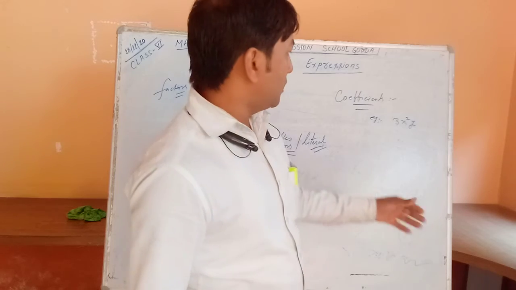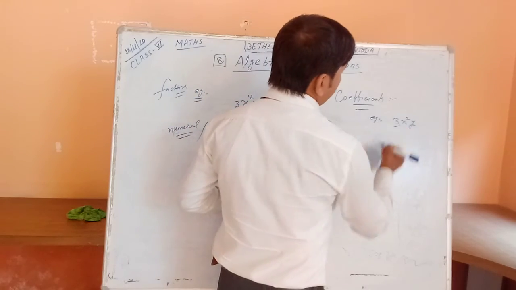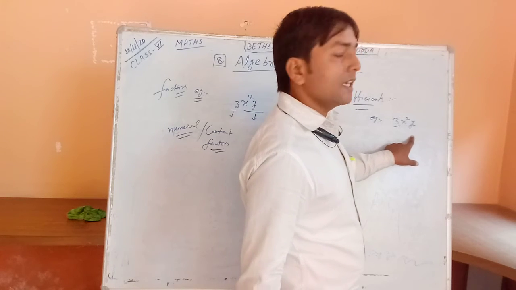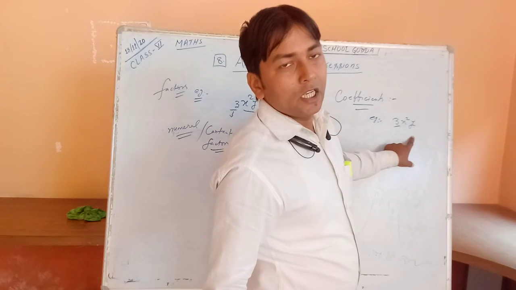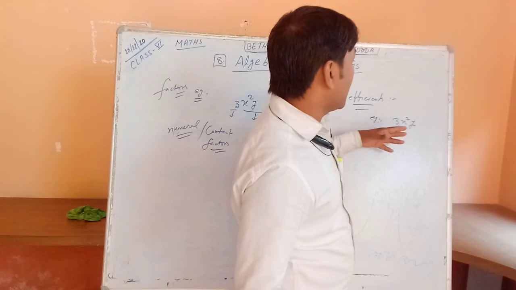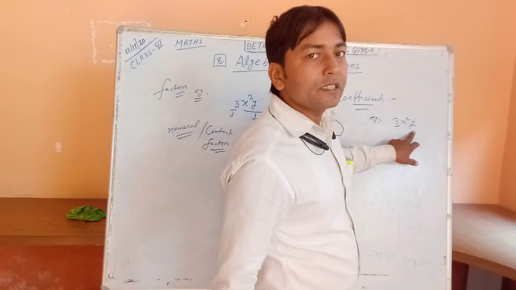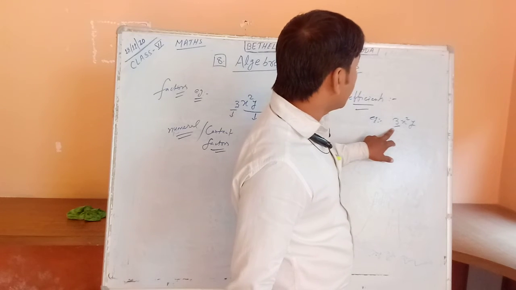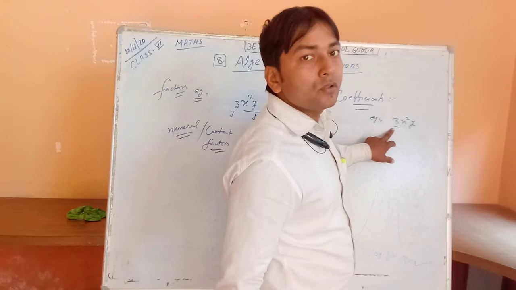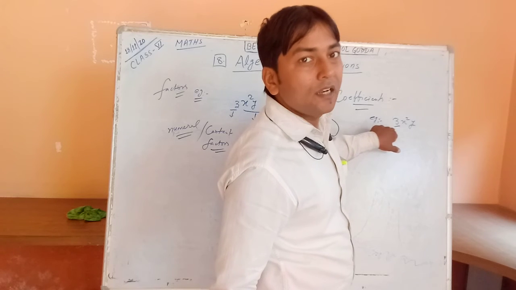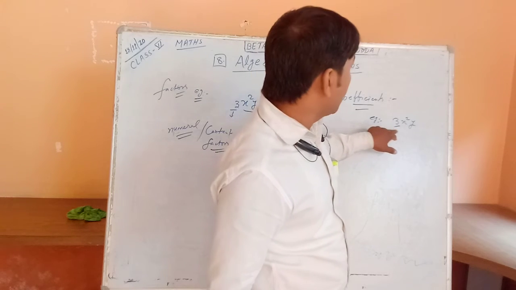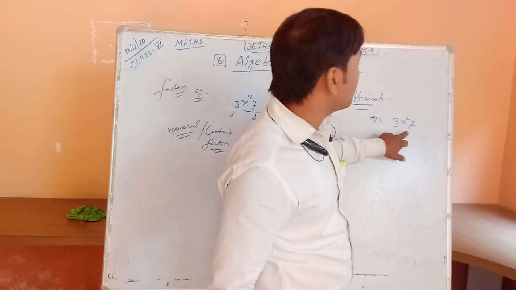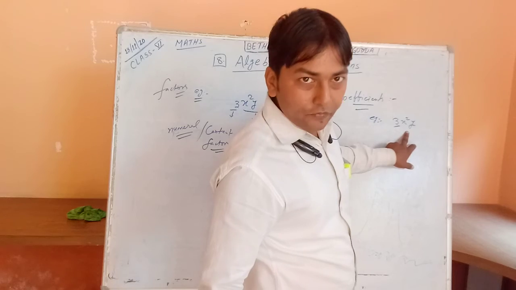So 3 is called the numeral factor and x square y is the literal factor. You can memorize that letters are used, that's why it is called literal factor, and numbers are used, so this is called numeral factor. You memorize: numbers we call numeral factor and letters we call literal factor.